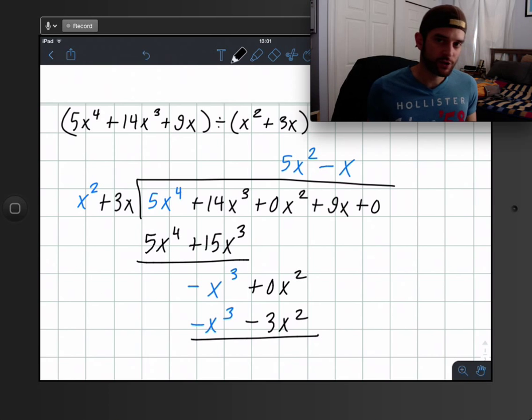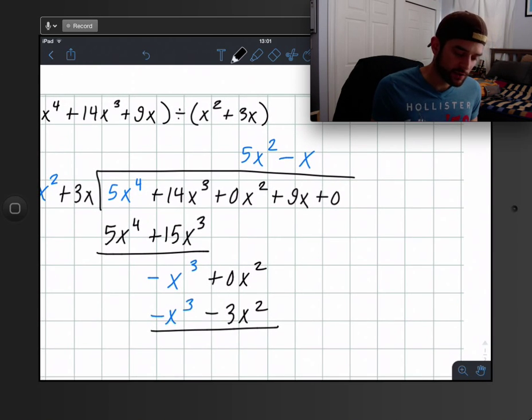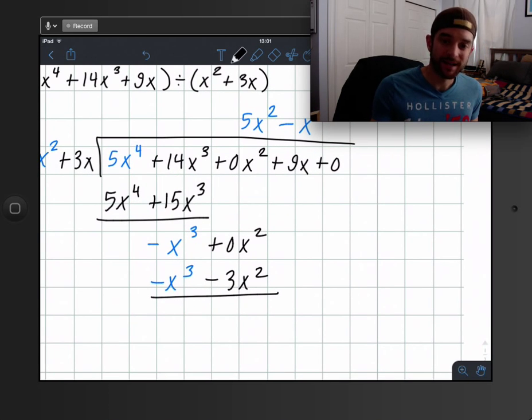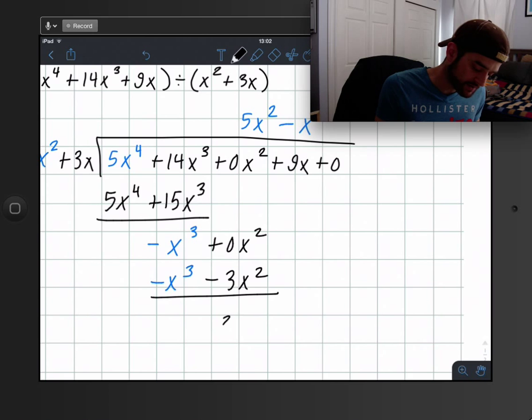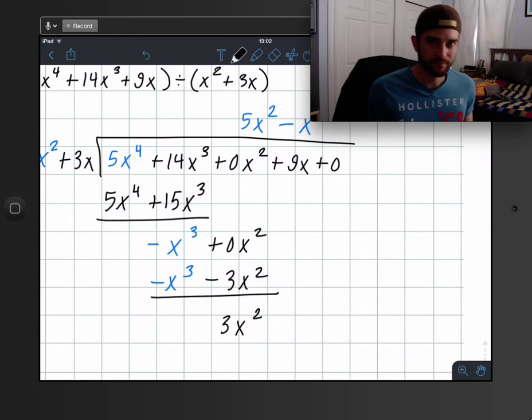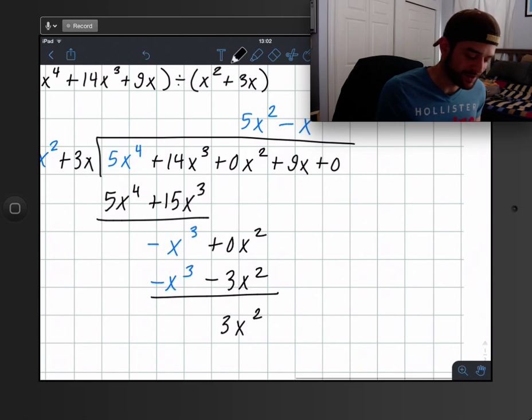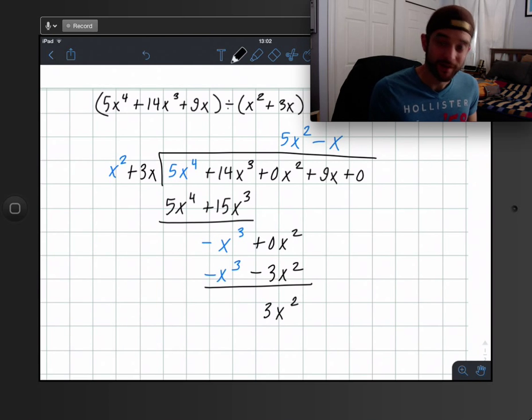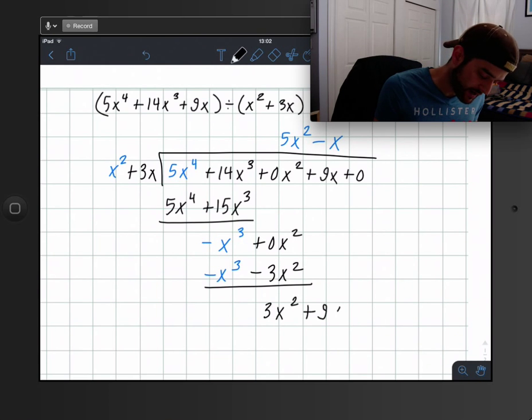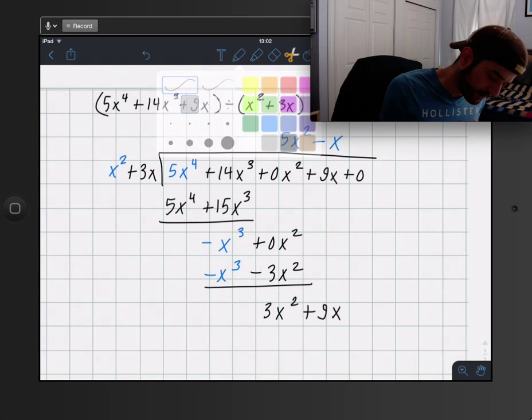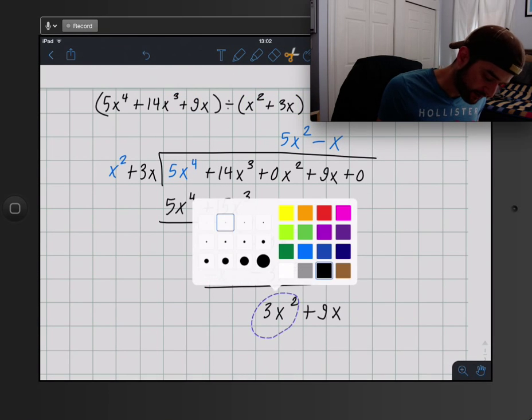Now the negative x cubes subtract away, and I have 0x squared minus negative 3x squared. Since I'm subtracting a negative, that becomes positive 3x squared. Again, a lot of these weird things happen. Now I drop down the 9x, and now I want to get rid of a 3x squared.